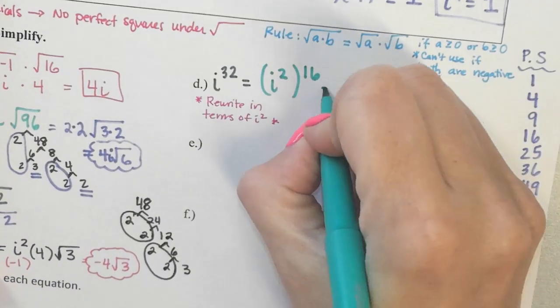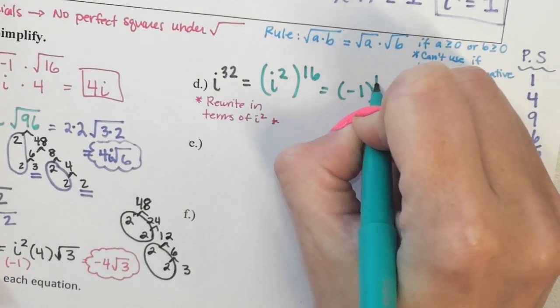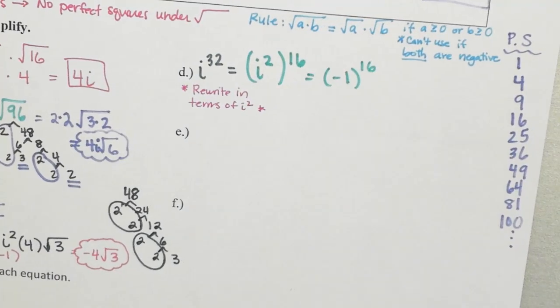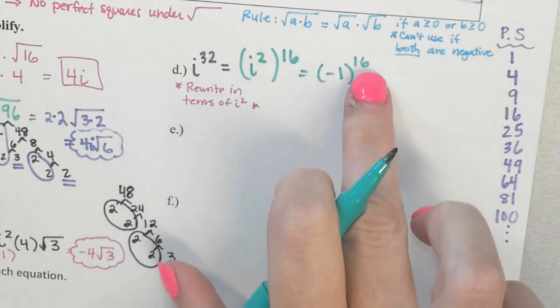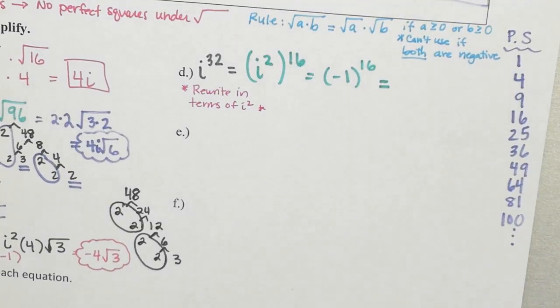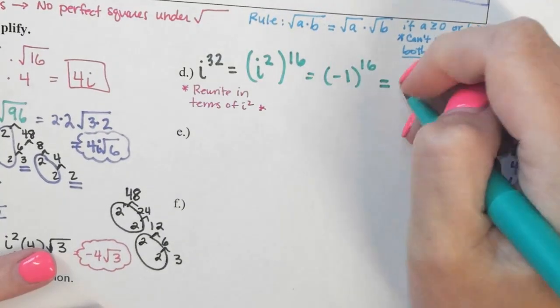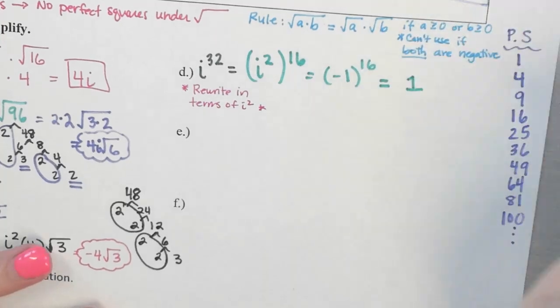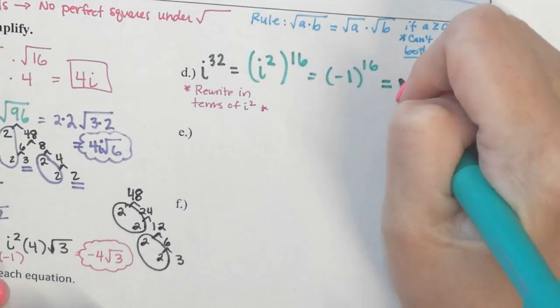And that's helpful because then I'm just going to plug in a -1. Okay, and if you do -1 to the 16th, is that going to be negative or positive? Positive. Any negative number that is multiplied an even number of times becomes positive. Okay, so your answer for that is just going to be 1.